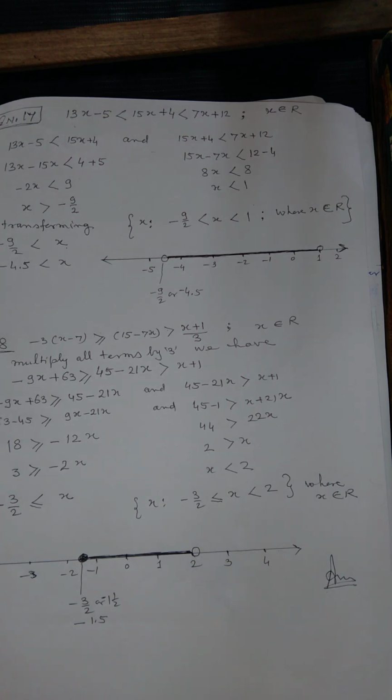That is, solve the following inequations, write the solution set and represent it on the number line. That is, minus 3 times bracket x minus 7 bracket closed, greater than or equal to bracket 15 minus 7x bracket closed, greater than x plus 1 divided by 3, where x belongs to real numbers.